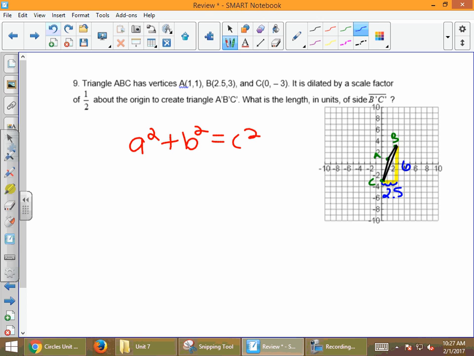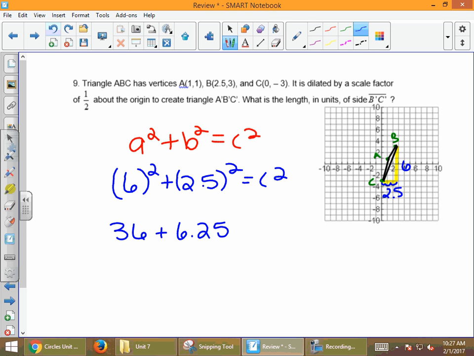2.5. Fill those values in your Pythagorean theorem. 6 squared plus 2.5 squared equals C squared. What is 6 squared? What's 2.5 squared? 6.25. 36 plus 6.25?